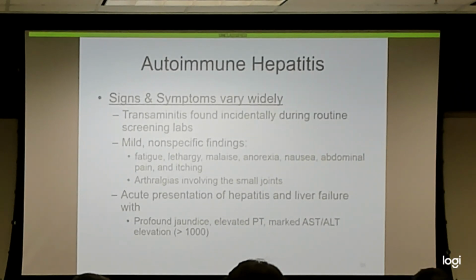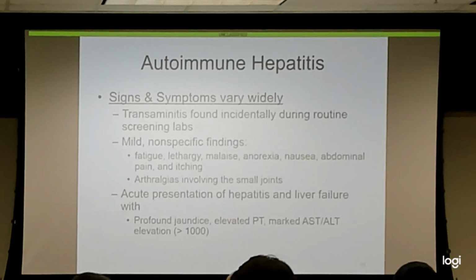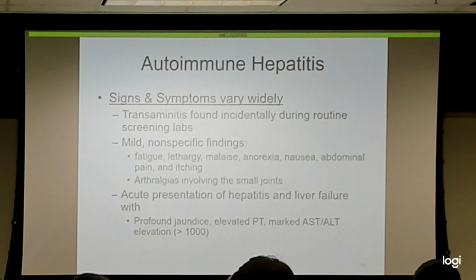Oh my God, you've got hepatocellular injury. Now I need to do a workup, right? So mild or non-specific findings, maybe they're complaining of some fatigue, lethargy, malaise, anorexia, nausea, abdominal pain, and itching. Again, itching, pruritus, you think liver, right? Got the itch scratch. Check their LFTs.